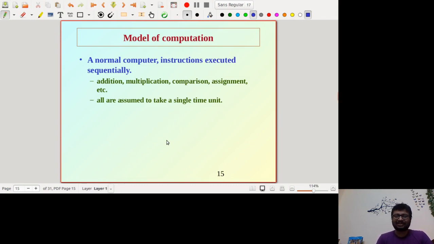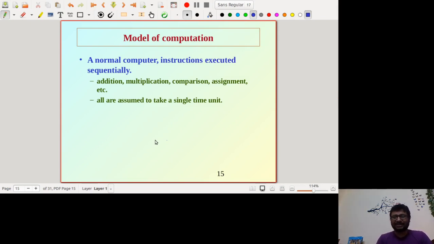And instructions at the machine level are basic operations like addition, multiplication, comparison, assignment, etc. We assume that they all take just 1 unit of time. That is not strictly true. Multiplication, for instance, is potentially more expensive than addition, and so on.